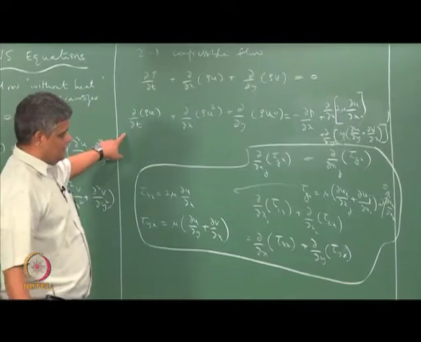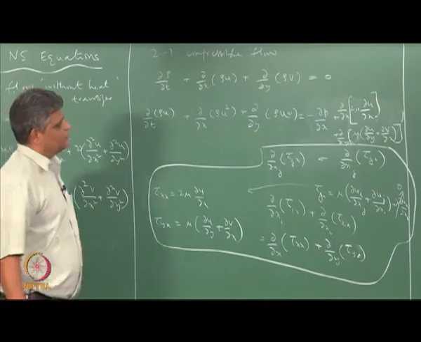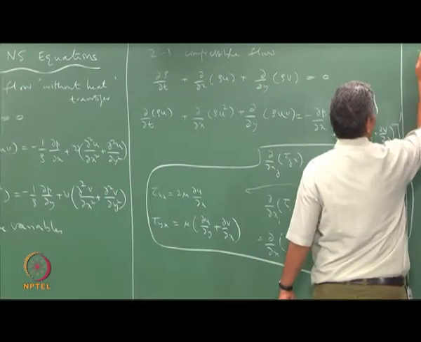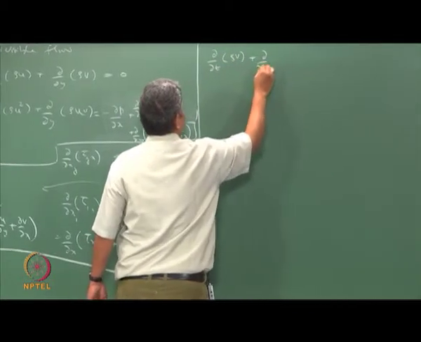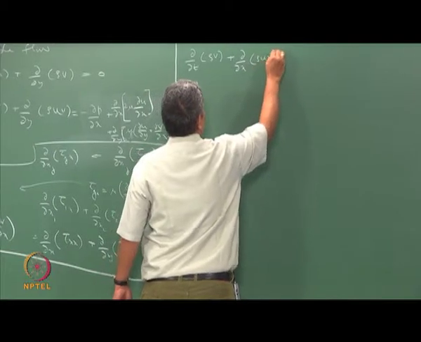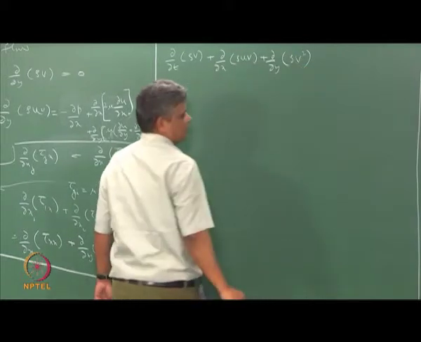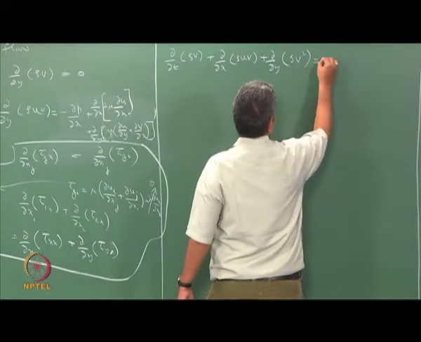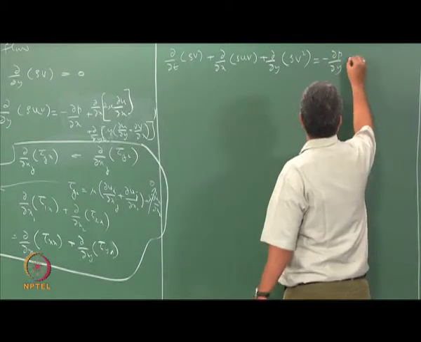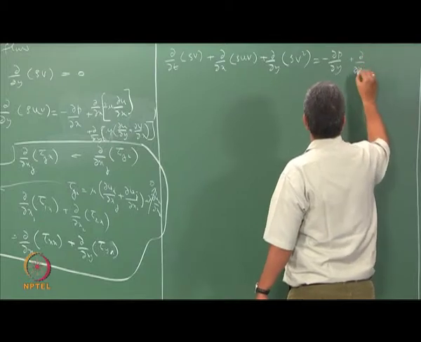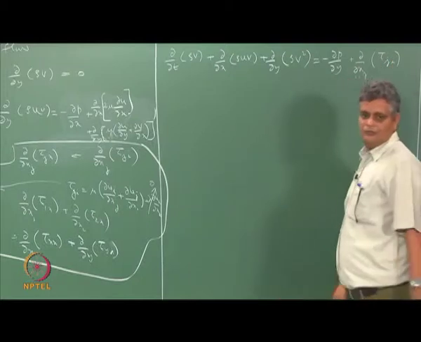So this is the x momentum equation, and we can similarly write the y momentum equation as ∂/∂t of ρv plus ∂/∂x of ρuv plus ∂/∂y of ρv² equal to minus ∂p/∂y, plus again ∂/∂x_j of τ_ji.